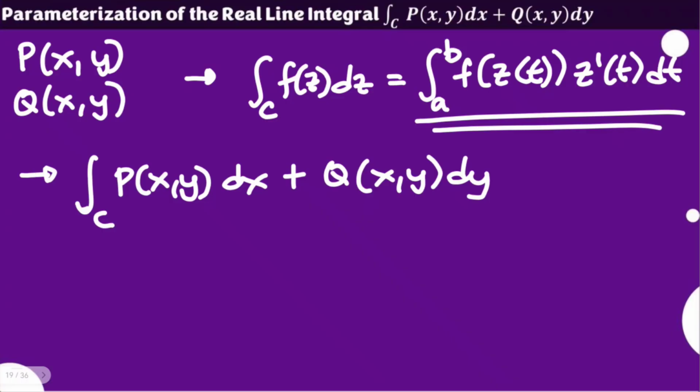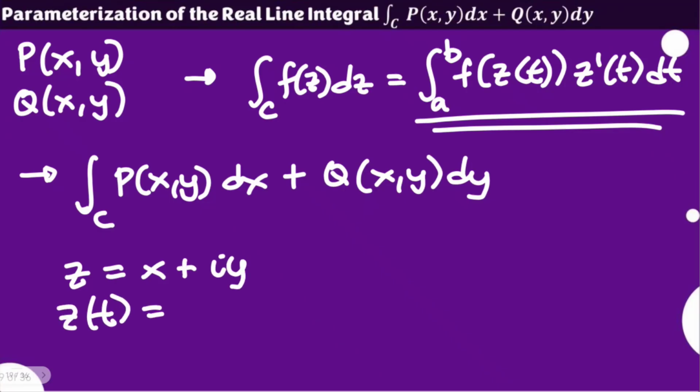Take note that our given complex number z is actually expressed as x plus iy. So if we have here z(t), this also stands for x(t) plus i y(t), just for the component itself.